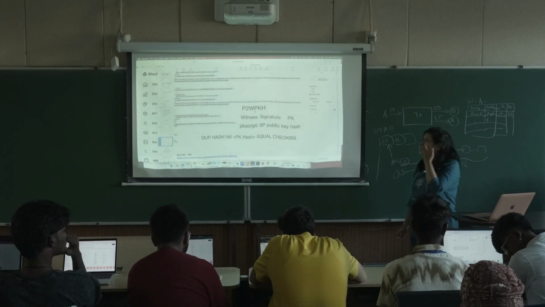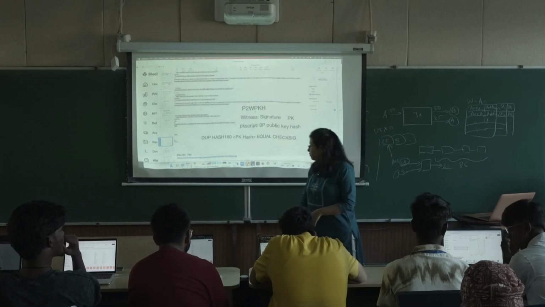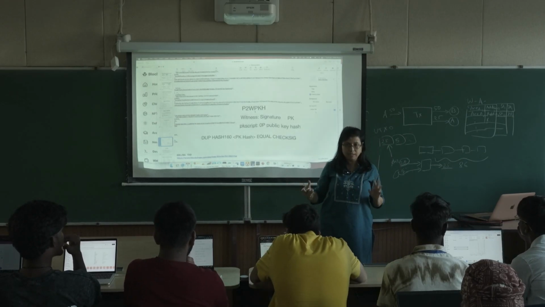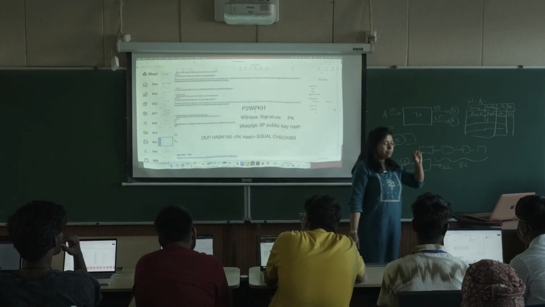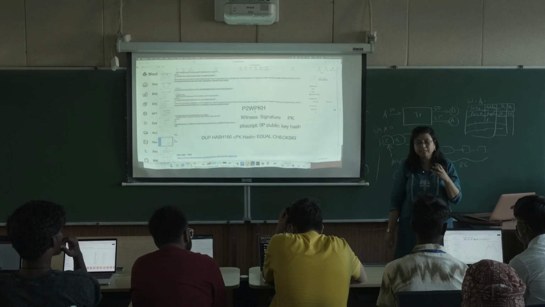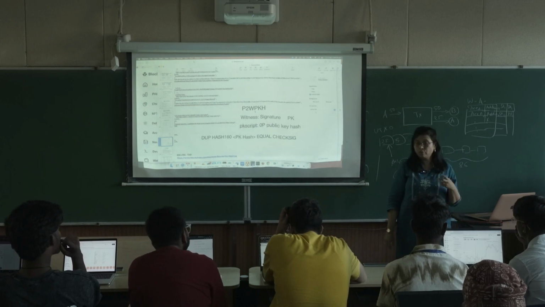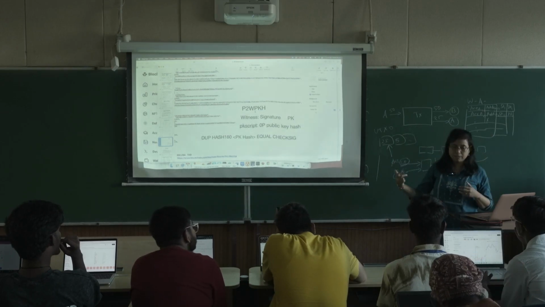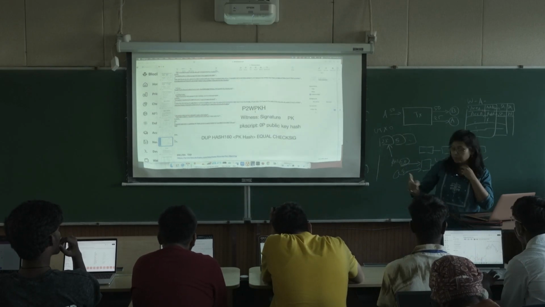The Bitcoin script is very limited in scope. It is not Turing complete, so you cannot essentially write loops and so on with this type of script.